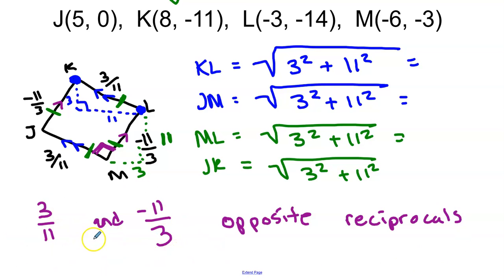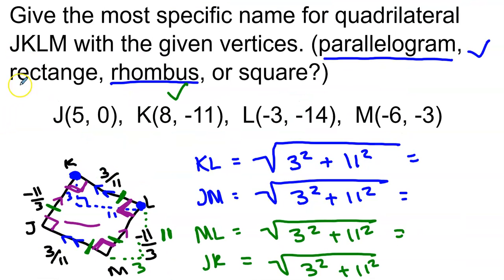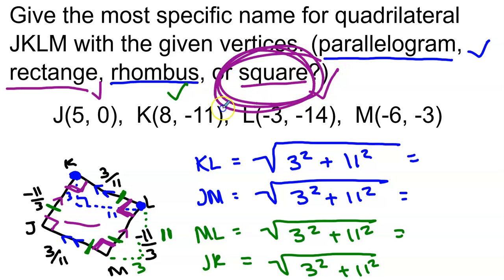Since they're opposite reciprocals, that means that they are perpendicular, and you could check all of these, but you would be able to see that these are all 90 degrees. So now we do know it's a rectangle. If we know that it's a parallelogram and a rectangle and a rhombus, then we also know it's a square. So the most specific name that we can give is square.